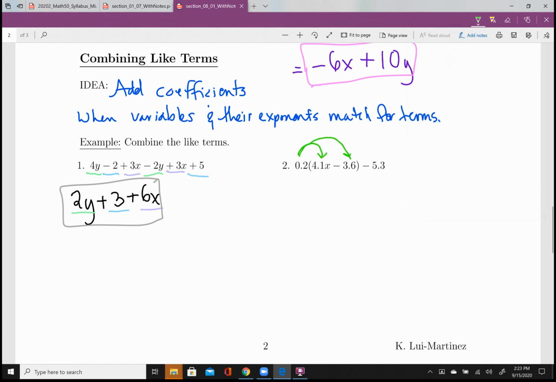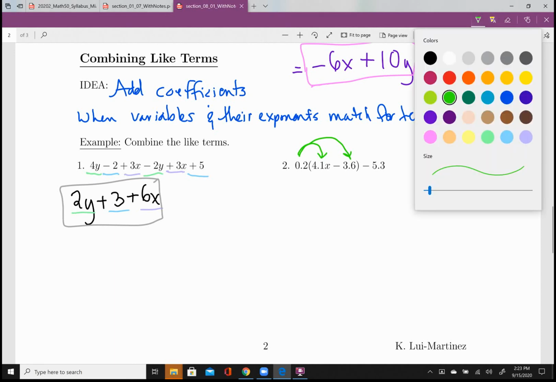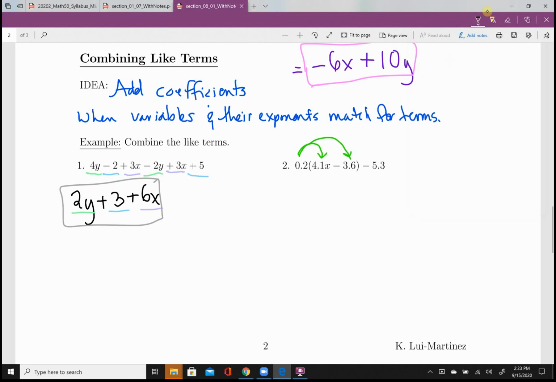Here, we can go ahead and distribute this 0.2, which I think would be a great idea as a first step, and then you combine like terms, okay? And anytime this is the case, when you're asked to combine like terms and there's a distribution step that needs to happen first, always do that distribution step first, okay? So we will get 0.2 times 4.1.